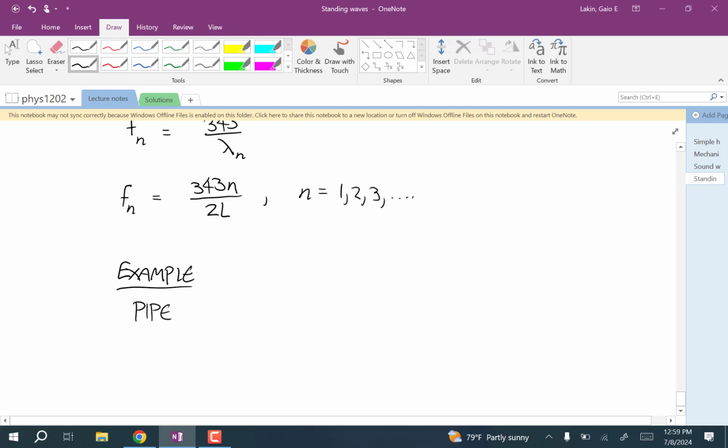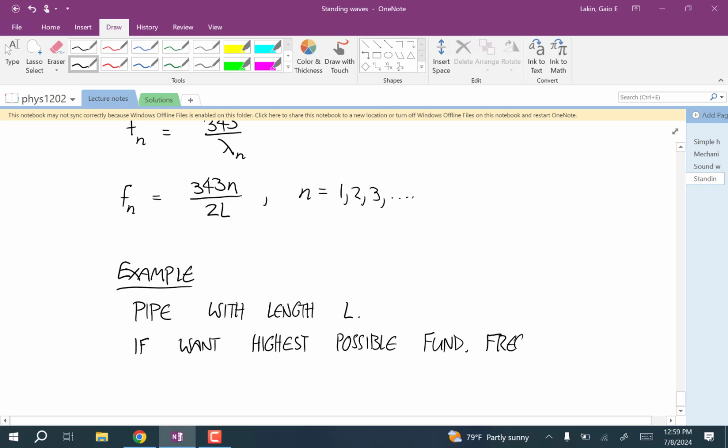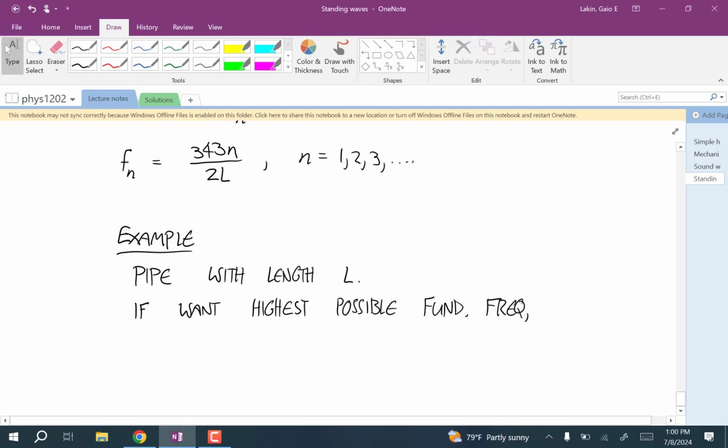So say that we know we're going to make a wind instrument out of a given pipe with a length L. If we want the highest possible fundamental frequency, should we have both ends open or only one end open?